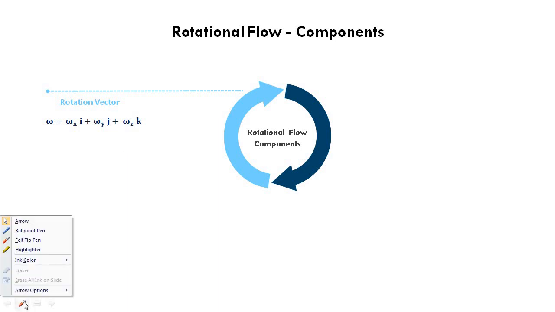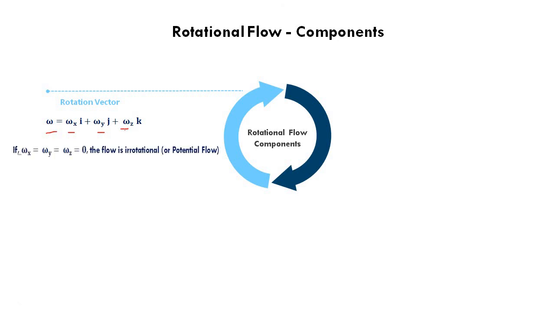That is shown here. This angular velocity vector is represented by the symbol omega. So omega is a rotation vector. It has three components in Cartesian coordinate system: omega x, omega y, and omega z. Now if omega x equal to omega y equal to omega z equal to 0, that means there is no rotation of the particles.